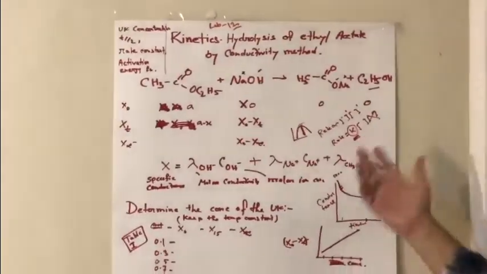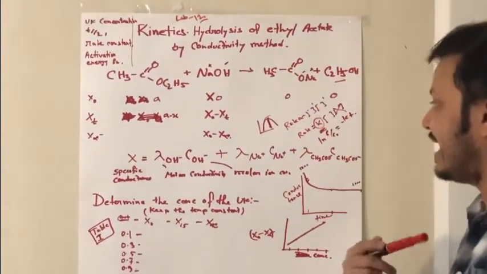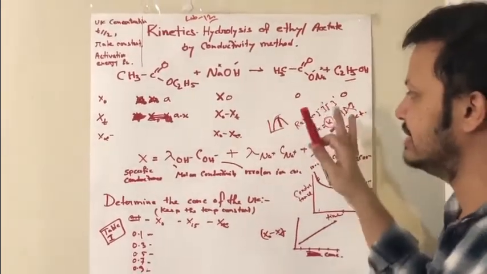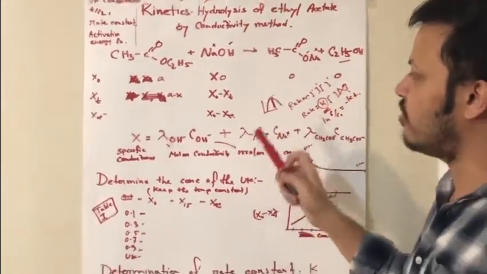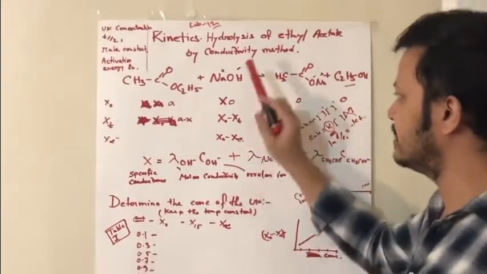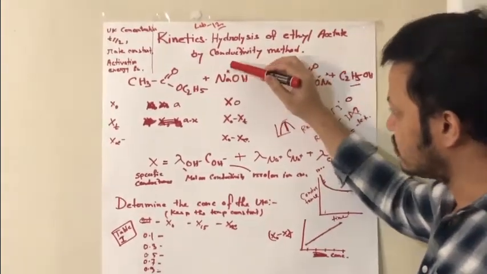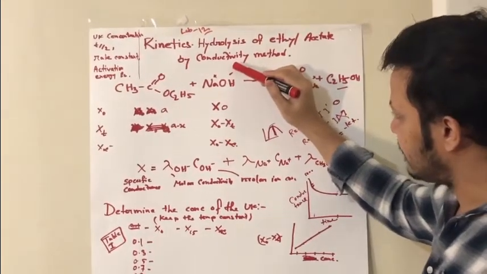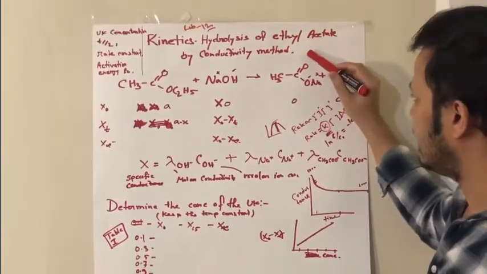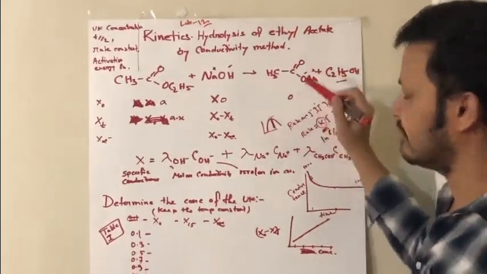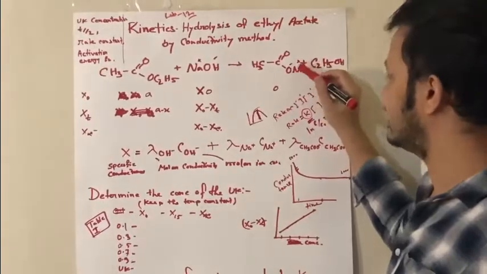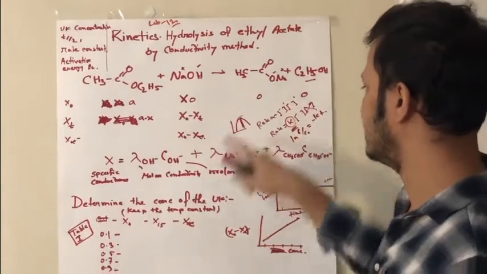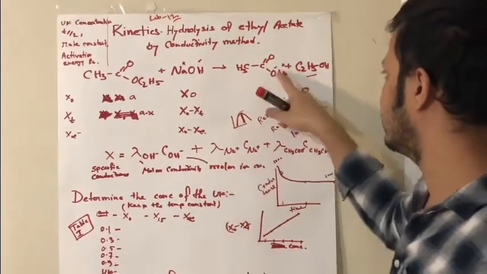So at any stage, if we try to find out the specific conductance of this reaction, then it will depend on the molar conductivity of the sodium ion, the concentration of the sodium ion, the molar conductivity of the hydroxide ion, the concentration of the hydroxide ion, and the molar conductivity of the acetate ion and the concentration of the acetate ion.